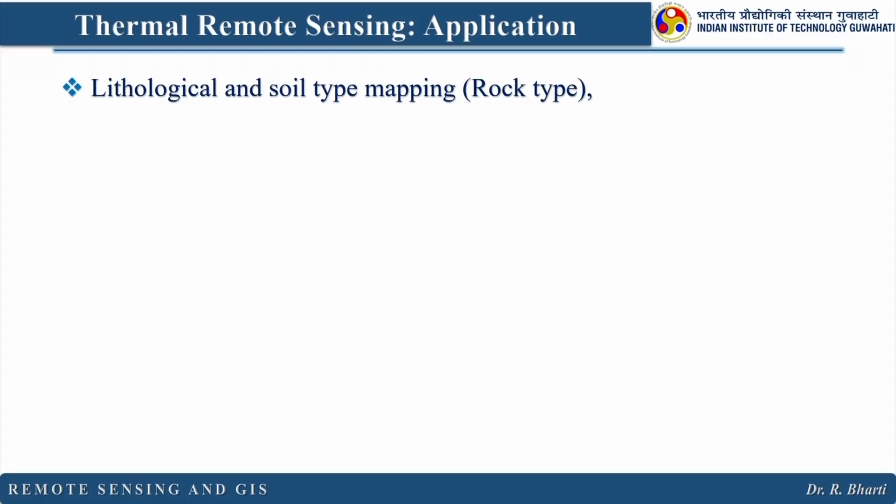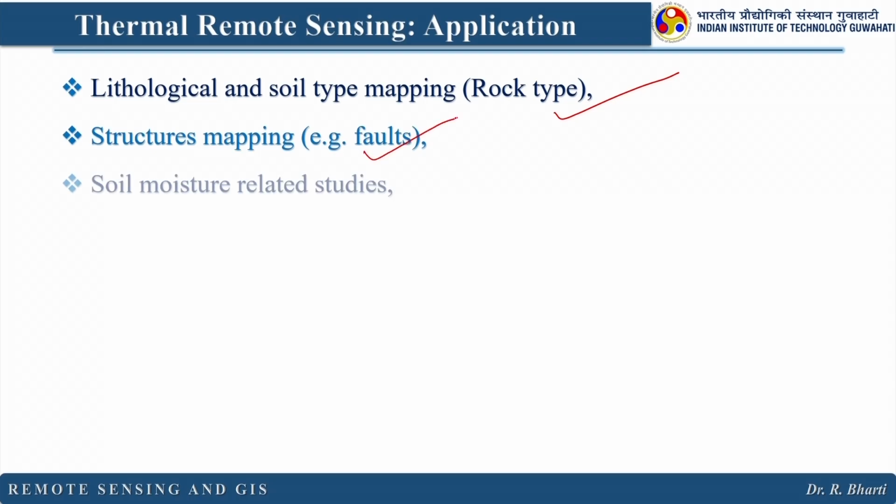So now let us see where we can apply this thermal remote sensing. Lithological and soil type mapping. I have already shown you one example with respect to thermal inertia. Then structural mapping, you can easily find the faults and lineaments.